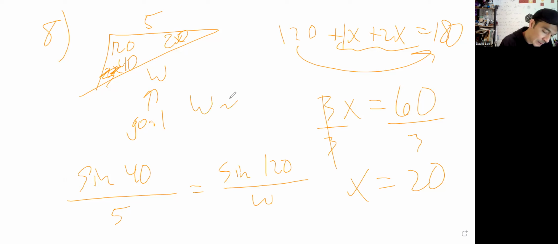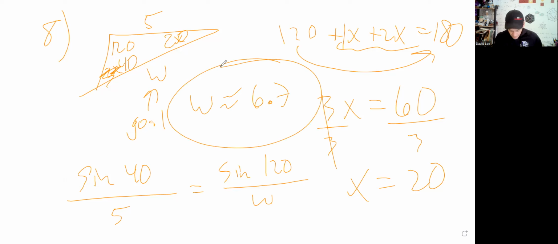So W is about 6.7 feet, whatever the units. That was 8.